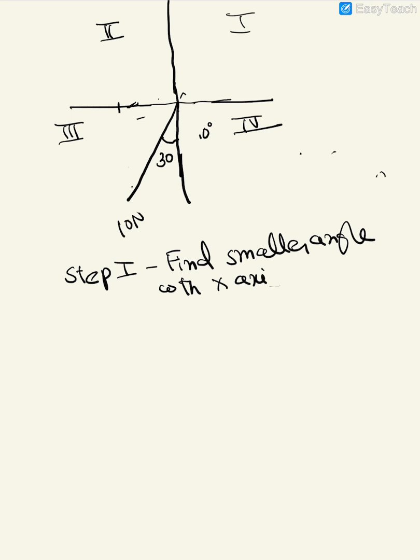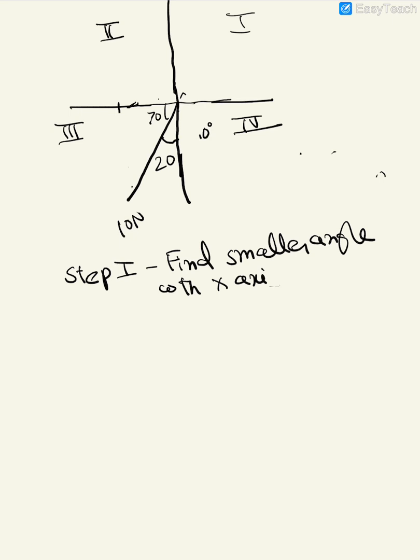No, this can't be 30. Let's keep it as 20. Okay. So our first step is to find out the smaller angle with x-axis, which is this, and this we know is 70. So again, now we want to find out the resolution along the y-axis.